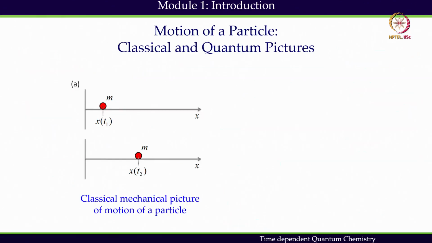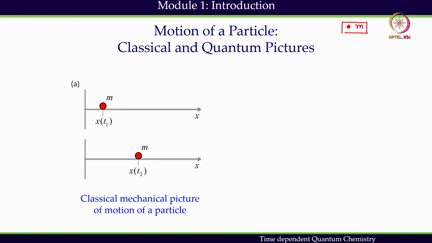solution to TDSE. But before we give the solution, we should clarify one more conceptual idea here, the classical particle and quantum particle. We have shown that this is a particle m, and when we show that this is a particle of mass m, we are showing actually a classical particle.